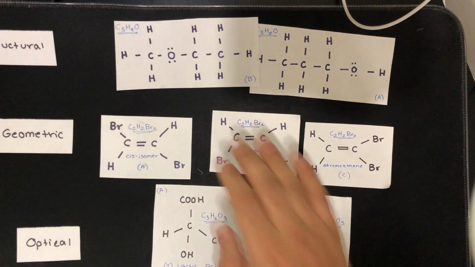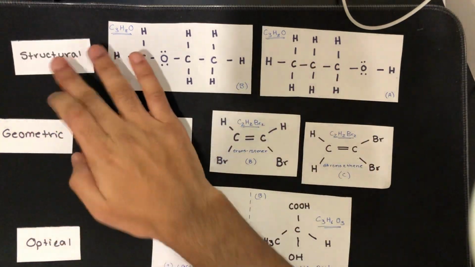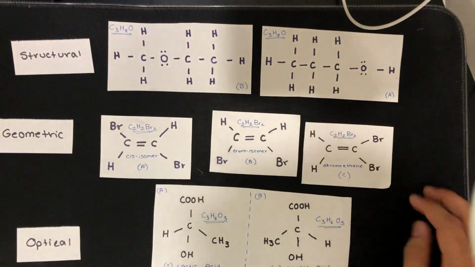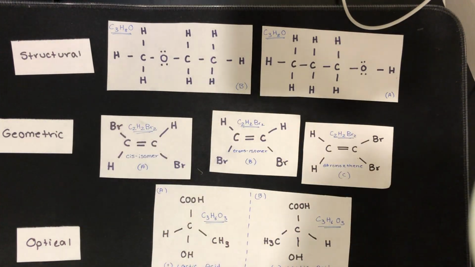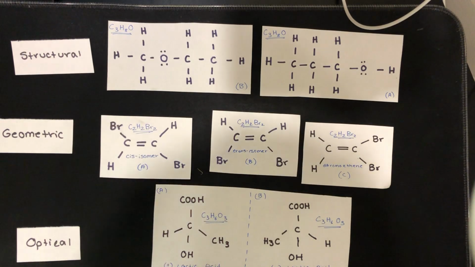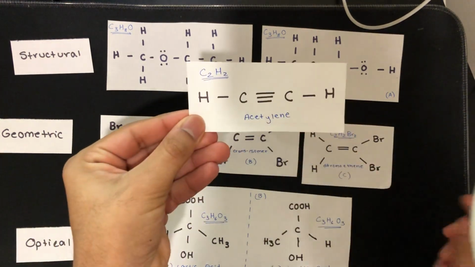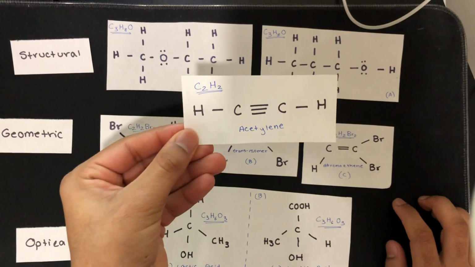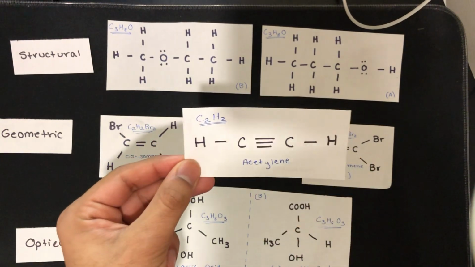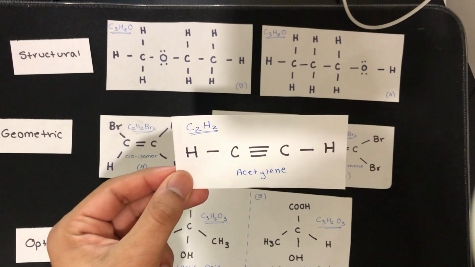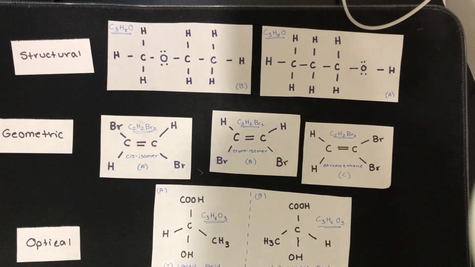The reason acetylene doesn't have a structural isomer is because we can't really change the place of any of these atoms. In this case, oxygen is changing even though it keeps the same molecular formula in C2H2, and we can't do that here. Swapping these carbons keeps it the same, and swapping these hydrogens keeps it the same. We can't change carbon and hydrogen because hydrogen cannot accept a triple bond from another carbon, so therefore it has to stay the same.